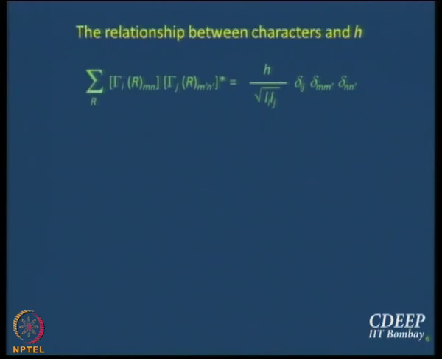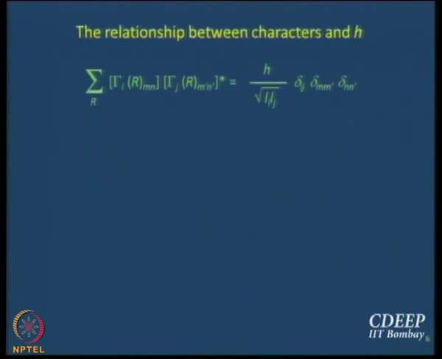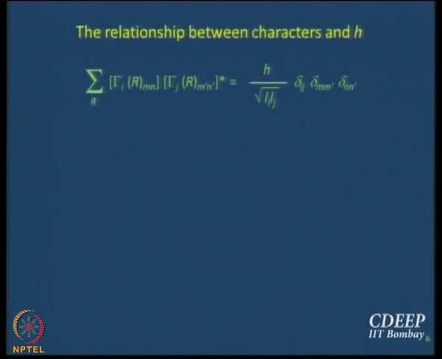Number 2. This was the relationship between the dimensionality and order. Now, we want to see what is the relationship between the characters of all the symmetry operations and order. We already know one, right, at the bottom. What about the others? You start from here.